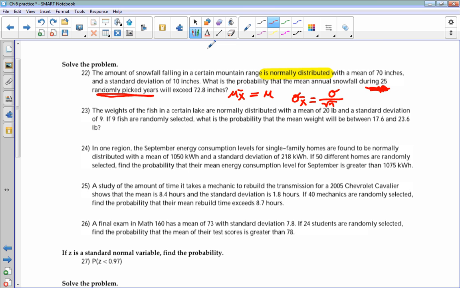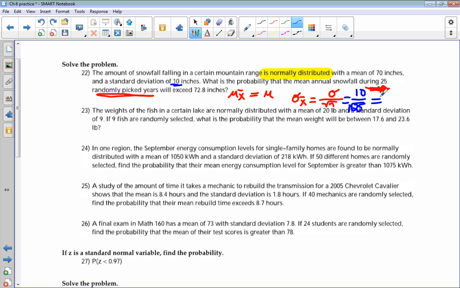So here we're going to find our new standard deviation, and that's going to be equal to the standard deviation. Well, the standard deviation was 10. We're going to divide that by the square root of n, and n is 25. Sorry, looks pretty scrunched in there.